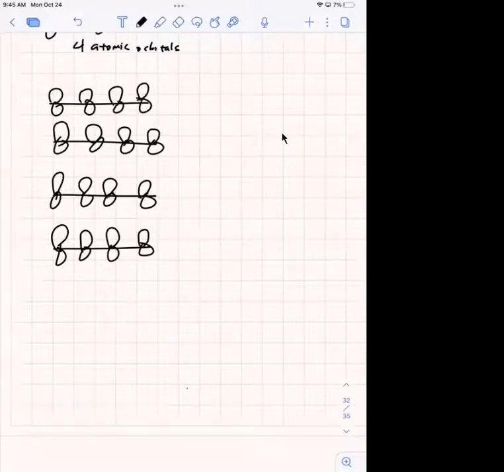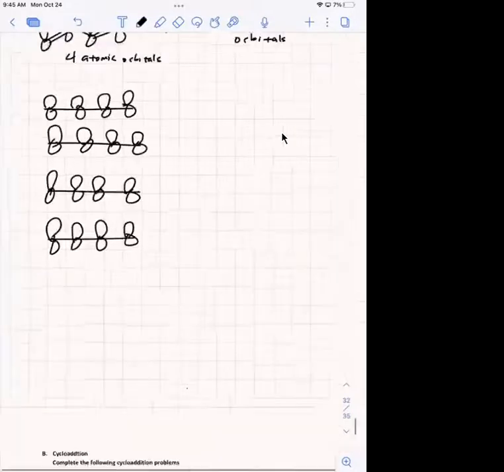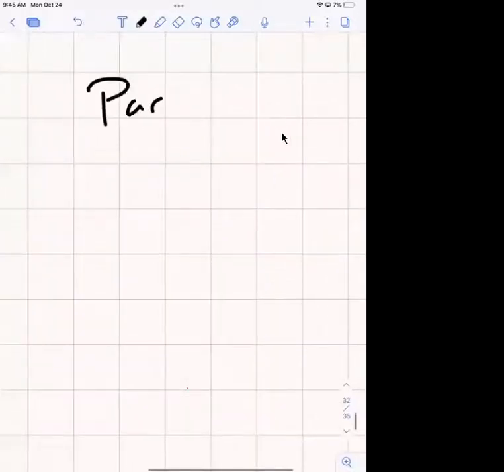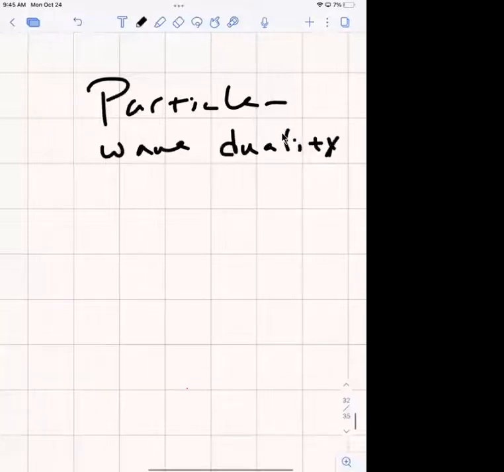So the other part of MO theory that goes past valence theory is what we call the particle wave duality. Right?